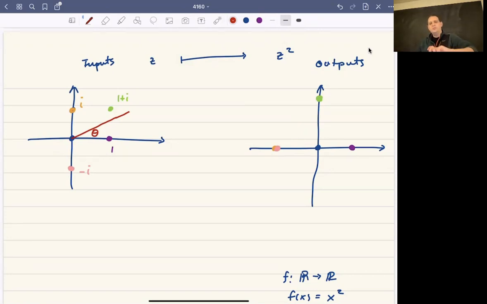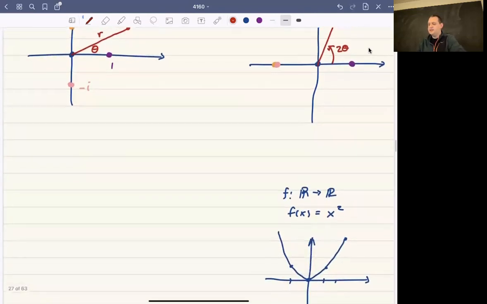If you multiply two numbers, you add the two angles, or you add the two arguments together. So in our case, if we were to start with the angle theta, your output would have the angle 2 theta. And then the line segment gets stretched to a line segment that's the square of its length. So if this is length r, then this is length r squared.